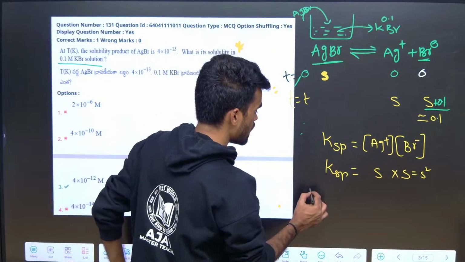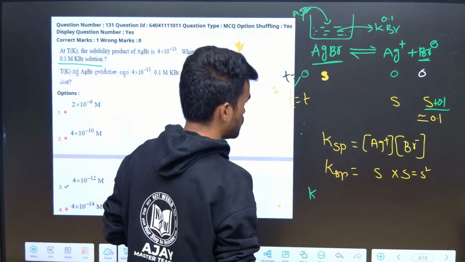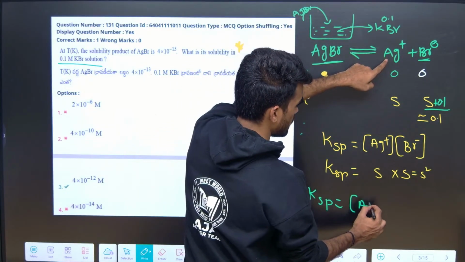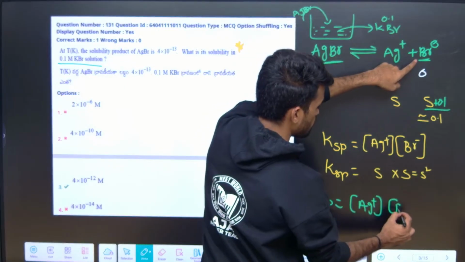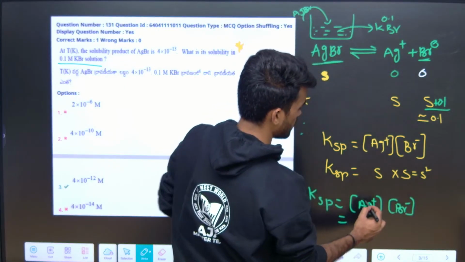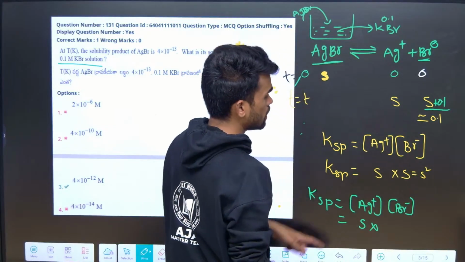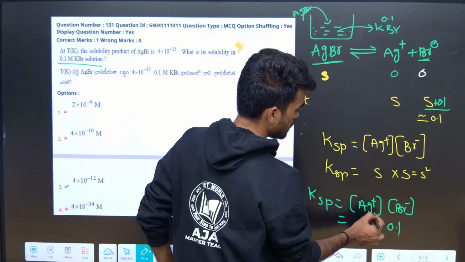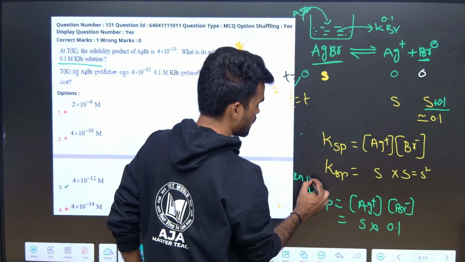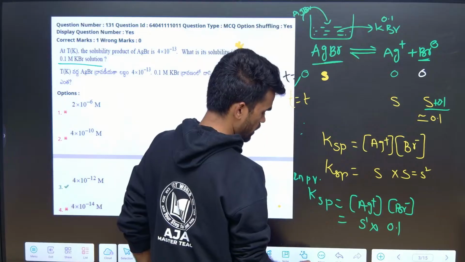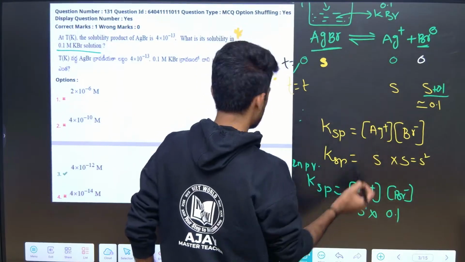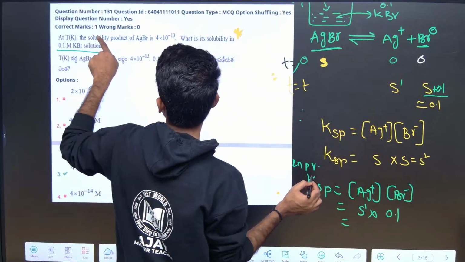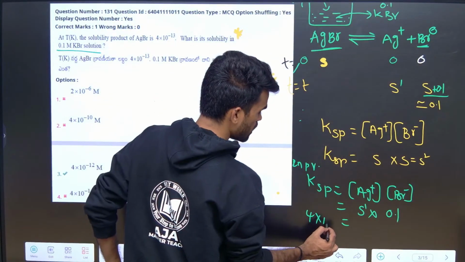Therefore, the Ksp value here we should take as the concentration of Ag plus times the concentration of Br minus. Let us say the concentration of Ag plus, the solubility, is S dash in the presence of the common ion, and for Br minus it is 0.1. Ksp is given in the question as 4 into 10 power minus 13.